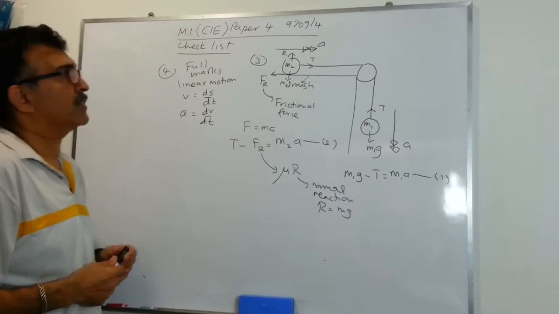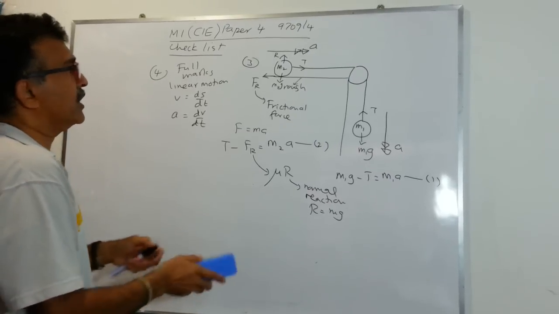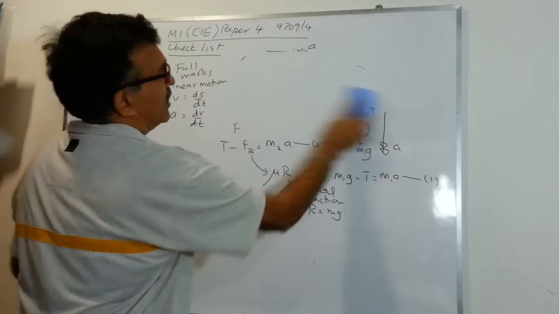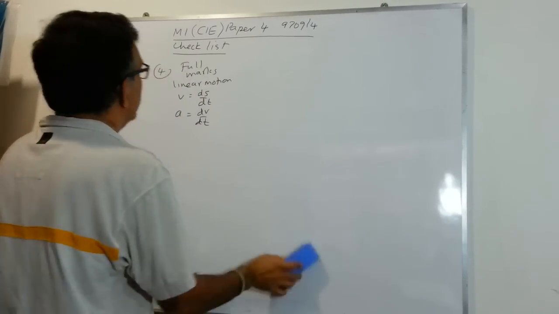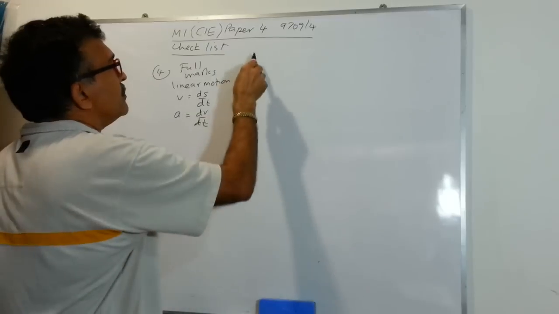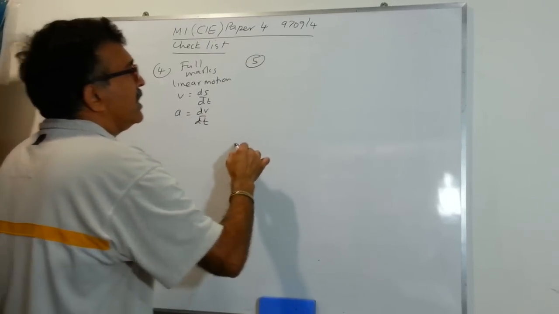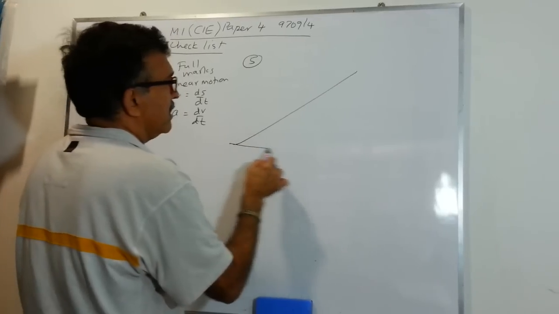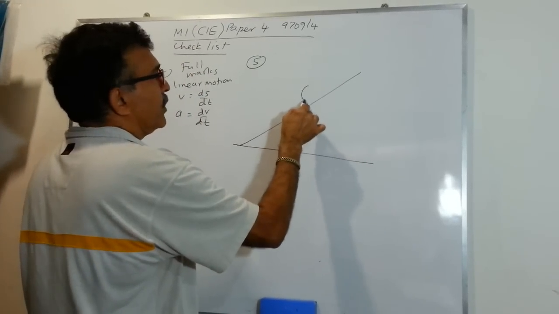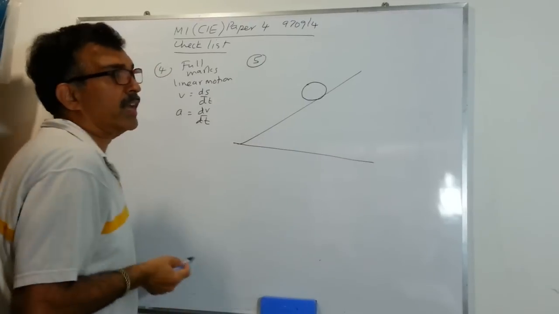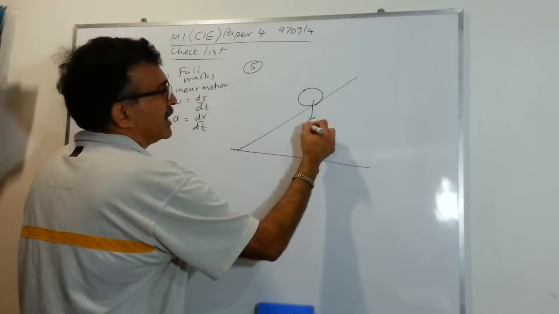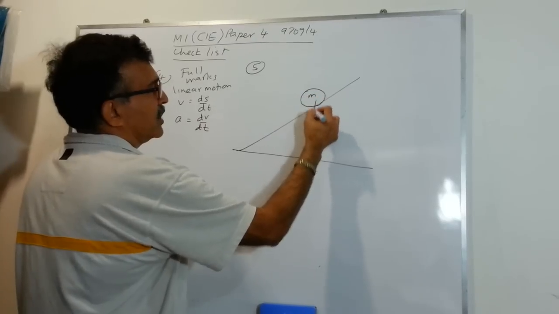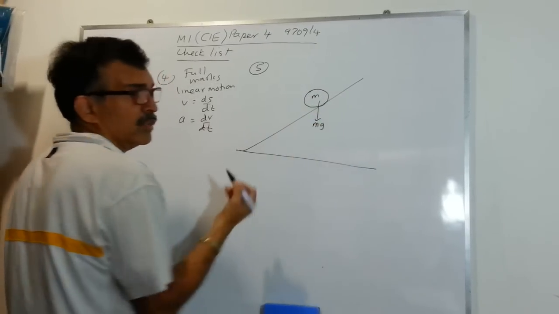Please score full marks. One more thing that I want to tell you, maybe one or two more things. Let's talk about number 5. If you are given an inclined plane, and you have an object here, let's say its mass is m, just for discussion, this will be mg, the weight.